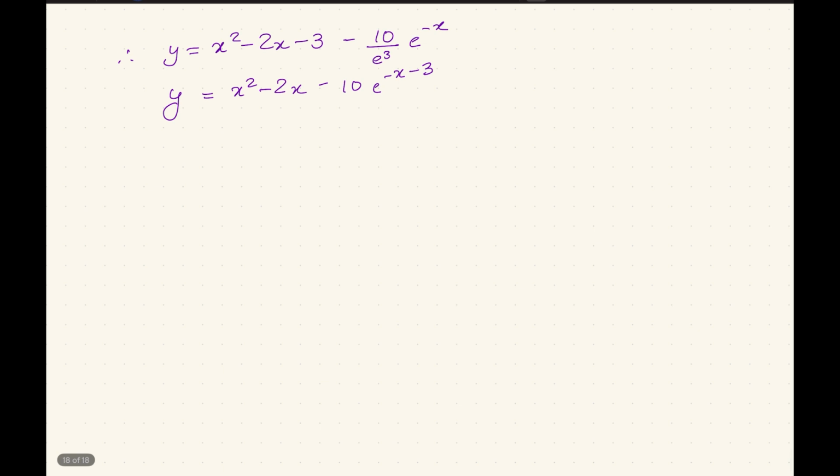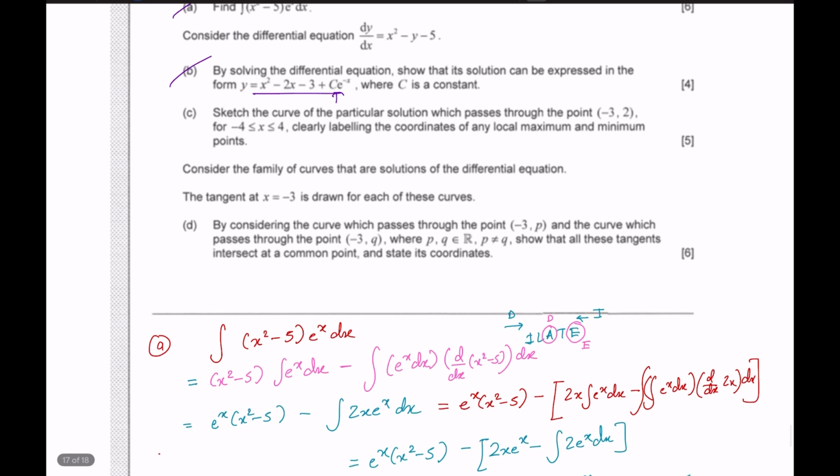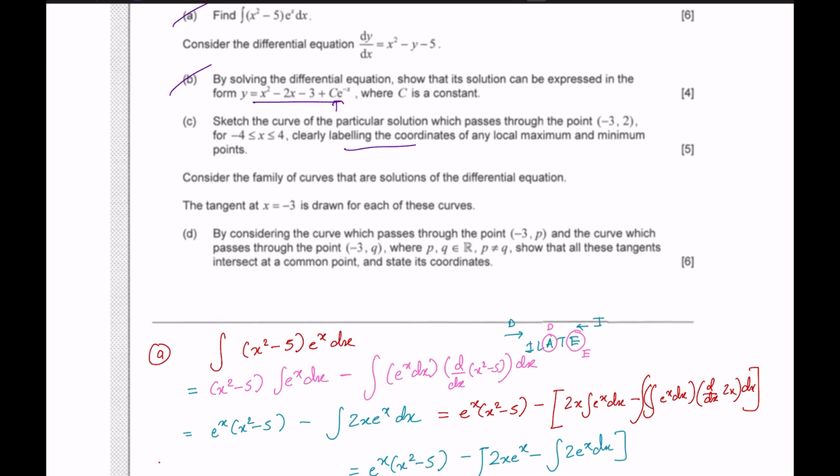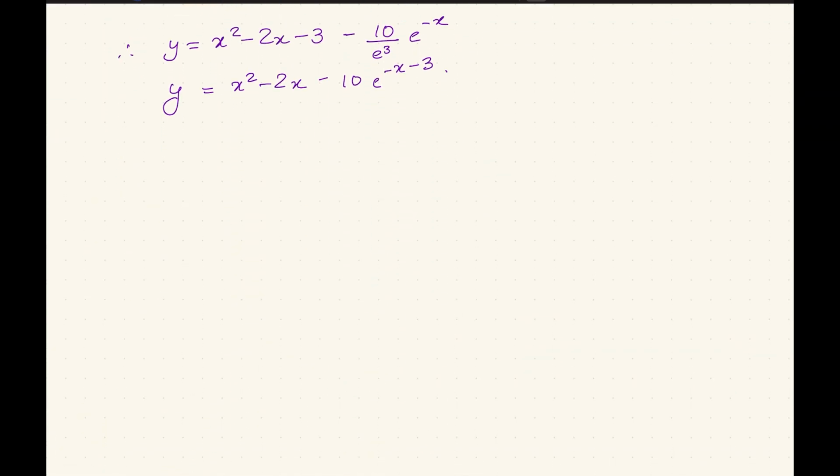Now, when I plug it in my calculator, I should get a graph like this. And here, if you check, it says we have to identify or label only the coordinates of local maxima and local minima. So first, let's generate this curve on our calculators. So -3 in here. This is the expression we should plug in.